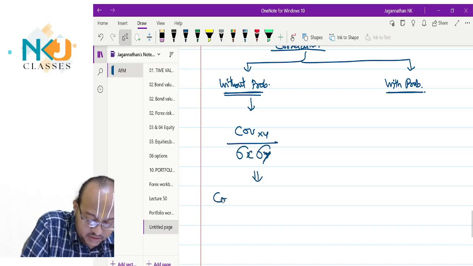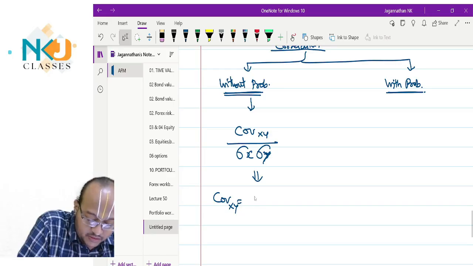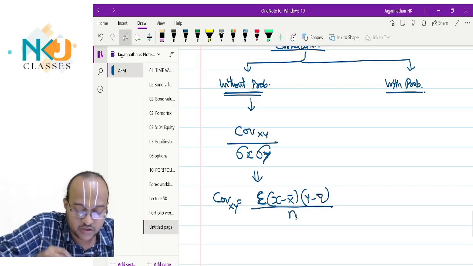But covariance of X and Y, when there is no probability, what is the formula? Just a revision. Summation of (X minus X bar) into (Y minus Y bar), the whole divided by n. Understood?